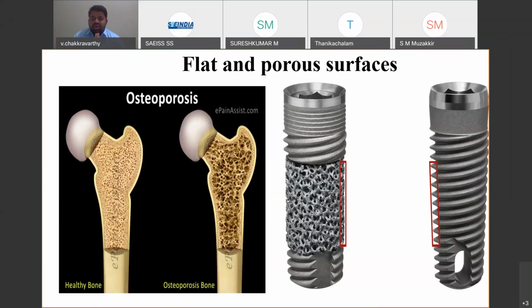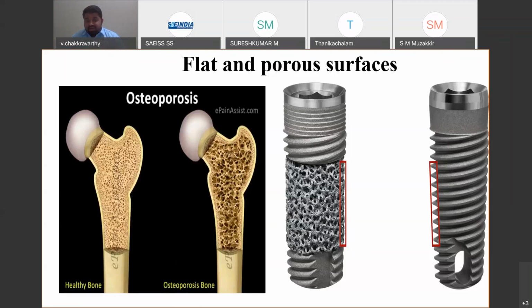We should have a clear idea that bones are highly porous in nature. Bones are not completely a solid form. They have a lot of micro porosities. So you have to produce an implant with this kind of biomimicking surface. Whatever the bone porosities are, similarly you could produce an implant material accordingly.